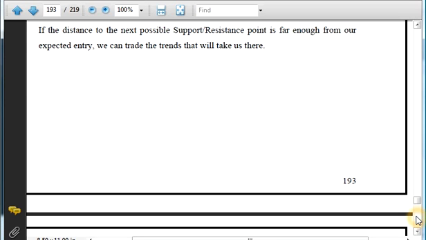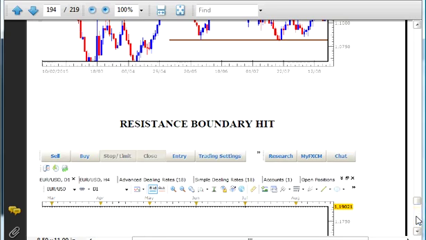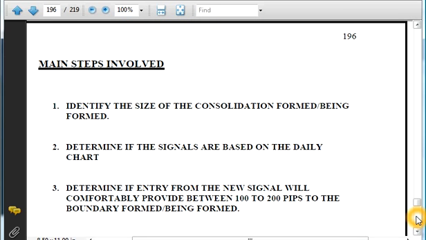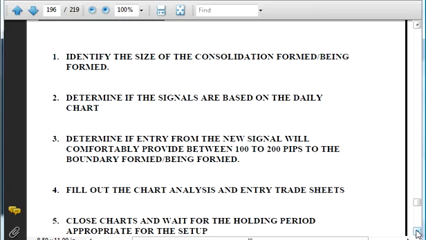There are certain rules and guidelines that I've established to take advantage of these movements. And once the pattern that you have identified on the particular pair conforms to what we can trade and is in sync with the rules and guidelines that have been established, then we can trade them.